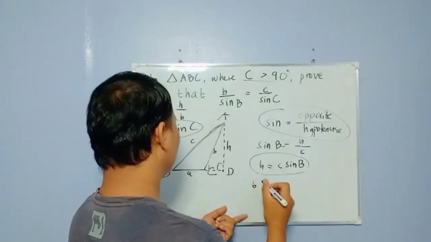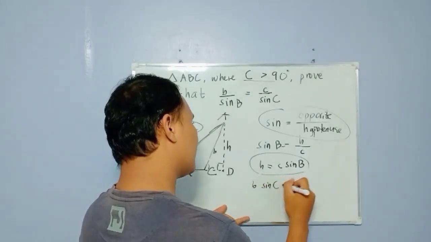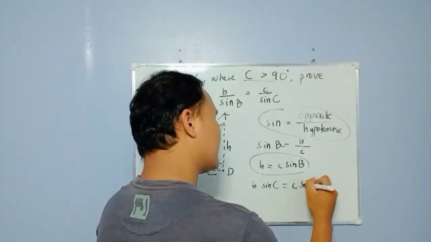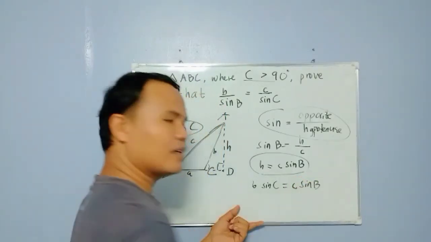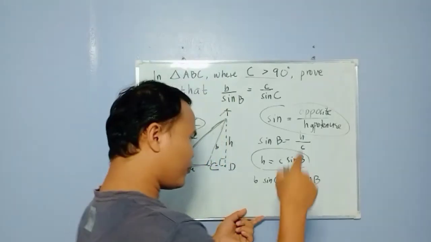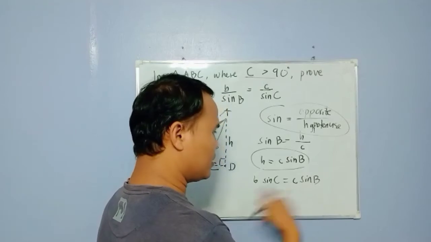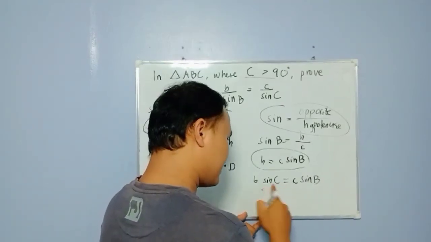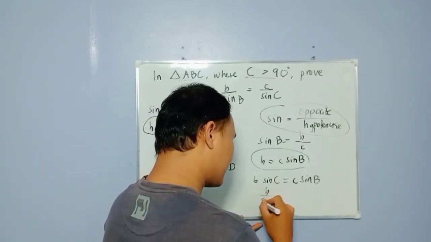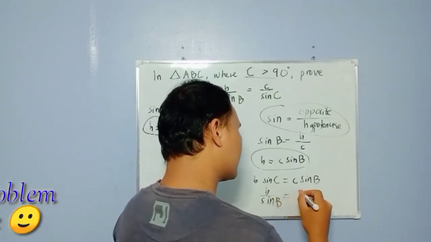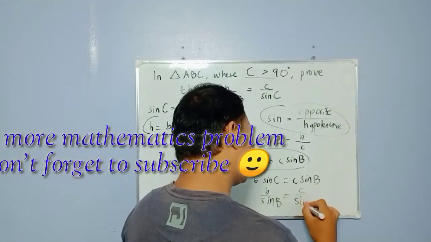So b times sine C equals c times sine B. Then, if we simplify, this is b over sine B equals c over sine C.